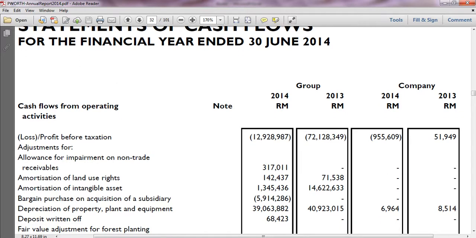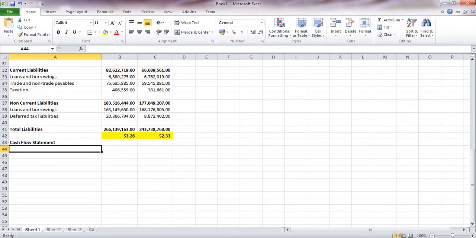Now I mentioned the cash flow from corporate activities, called operating activities. So basically you just type over here operating activities. This one I only concern myself with the net.